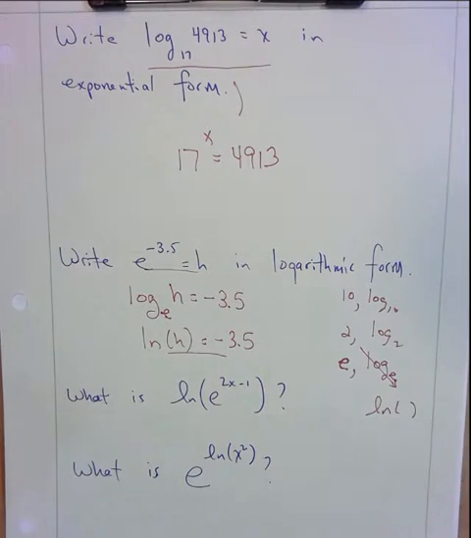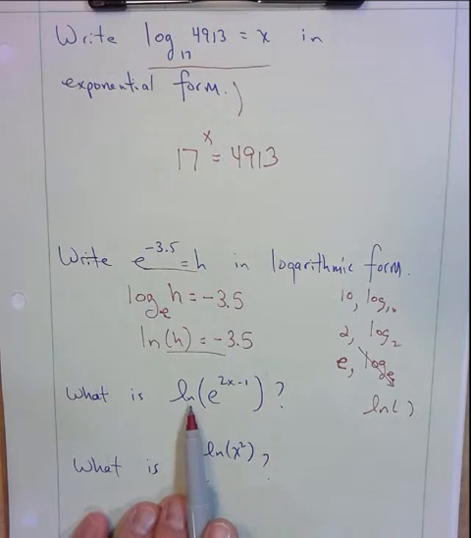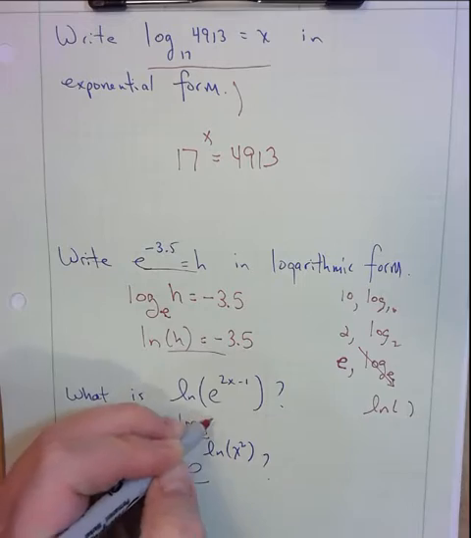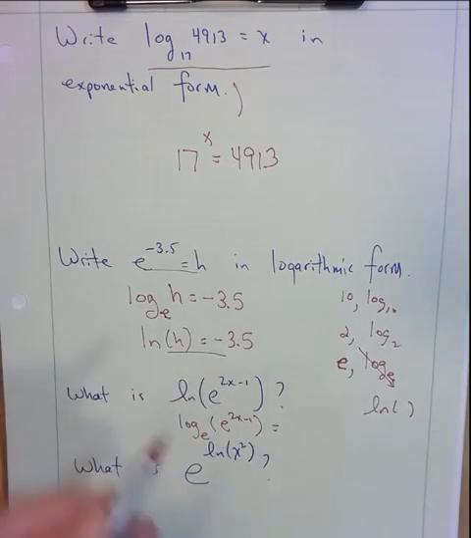One of the reasons exponential and logarithmic functions or expressions come hand in hand is because they are inverse pairs, just like x squared and square root. If you want to get rid of one, you apply the other. Here's an example of how that happens. Let's see if we can decrypt this expression. Natural log is log base e, right? So we could write this as log base e of e to the 2x minus 1 if we wanted to.